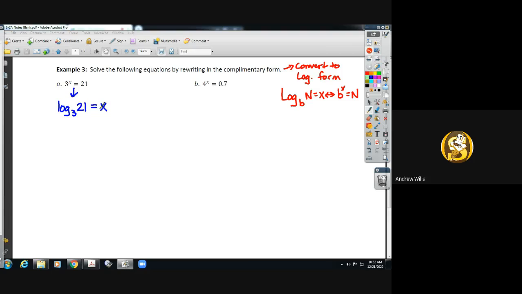Well, we just talked about how to do that. That requires a change of base formula. So now we're going to use change of base to get it into something we can plug into our calculator: x equals log of 21 divided by the log of 3. Feed it to the calculator and get your decimal answer for x.